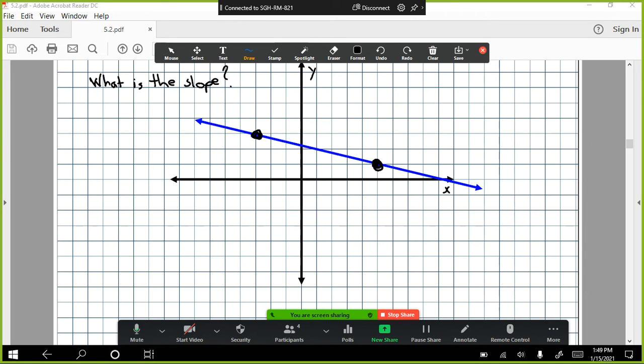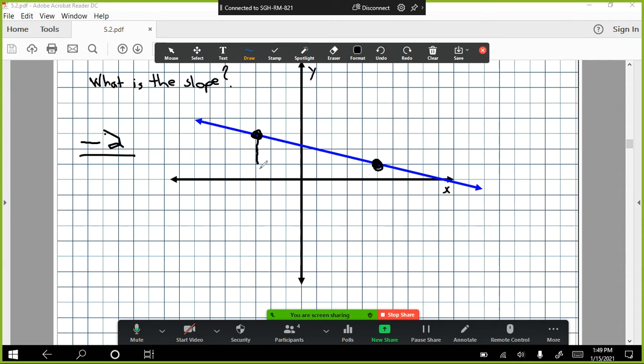This is the easiest way to do it. Start on the leftmost point and count either up or down till you get even with the other point on the line. So to get even with this point over here, if I start here, I go down 1, 2 units. So that's my numerator. Down is negative, up is positive. So my numerator is -2.